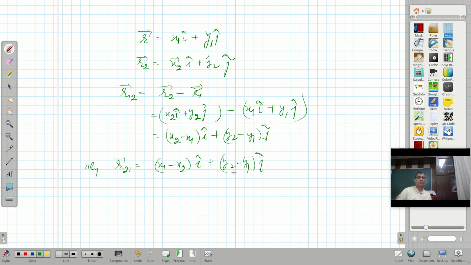So this is the position and the displacement vectors in the 2-dimensional space. So I talked about here position vector and displacement vector in 2-dimensional space. Now let me talk about the position vector and the displacement vector in the 3-dimensional space.